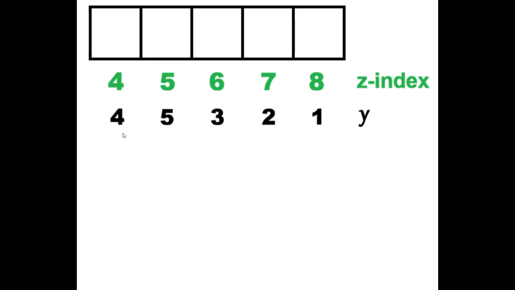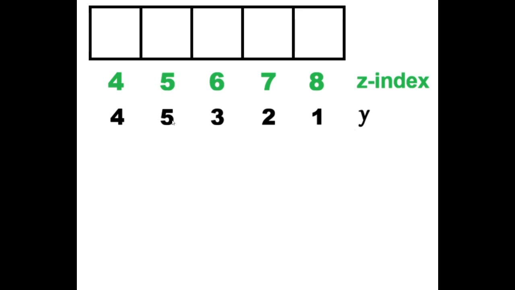Therefore, we check if 4 is lower than 5, and we know that 4 is lower than 5, so we don't need to swap or exchange their positions.